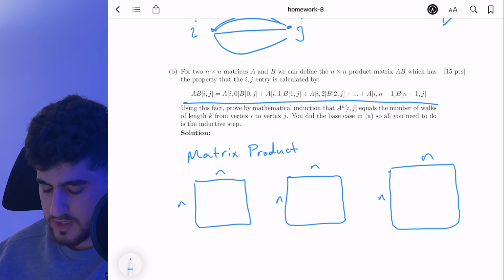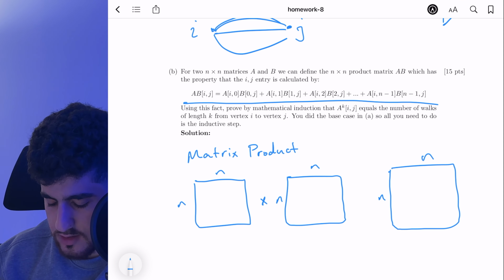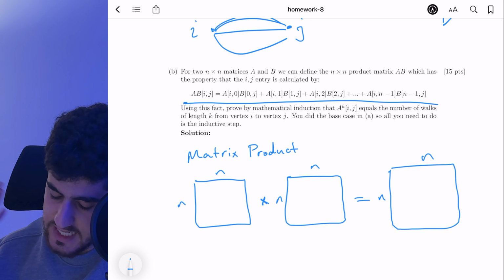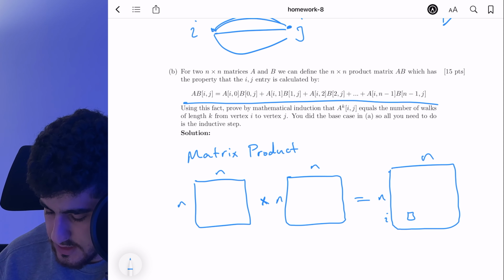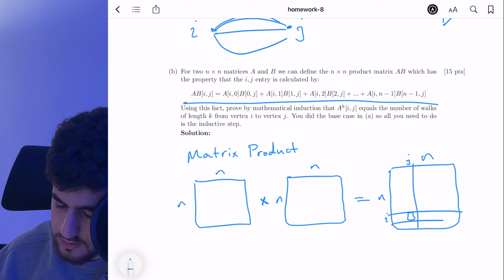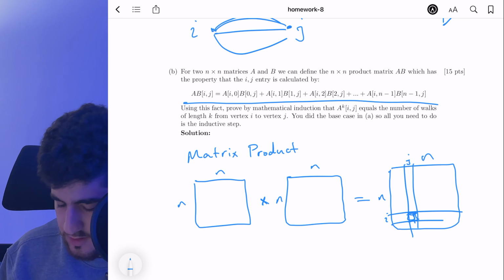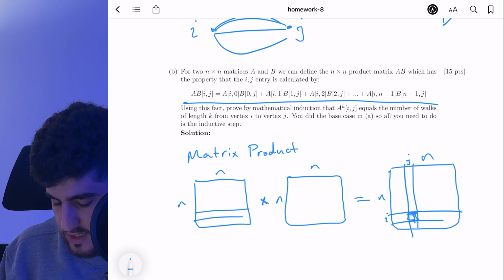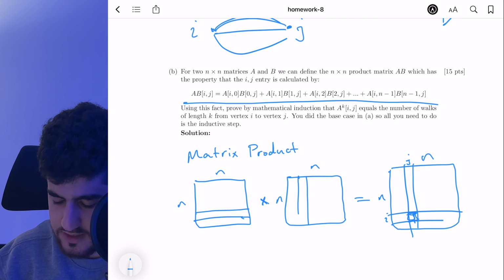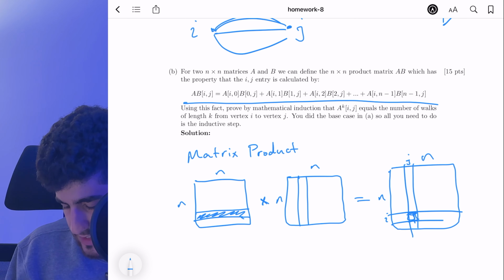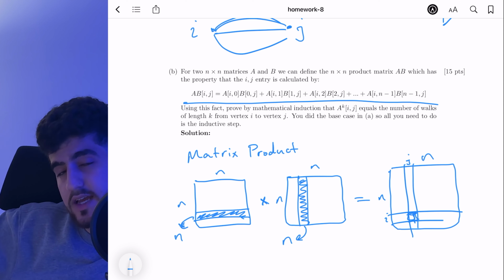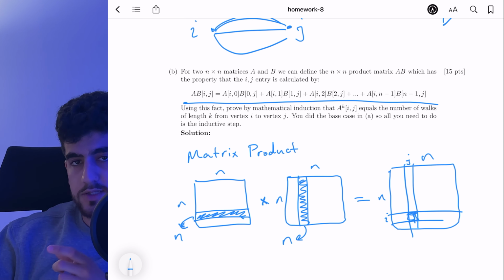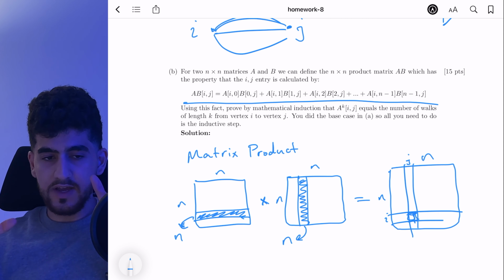Their sizes are equal. So when you calculate the product of two matrices, what we can say is that the cell number i and j is equal to, if we consider row number i from the first matrix and column number j from the second matrix, well, this row has n numbers and this column also has n numbers, because both of the matrices are n by n.